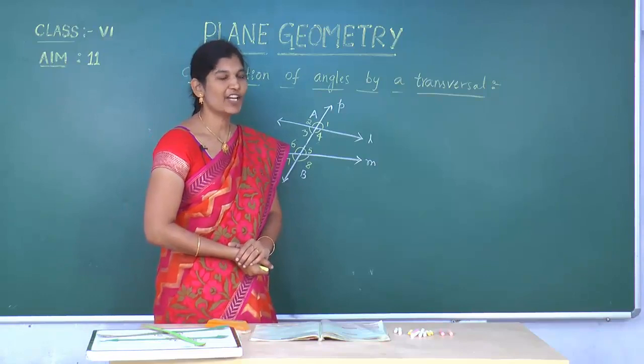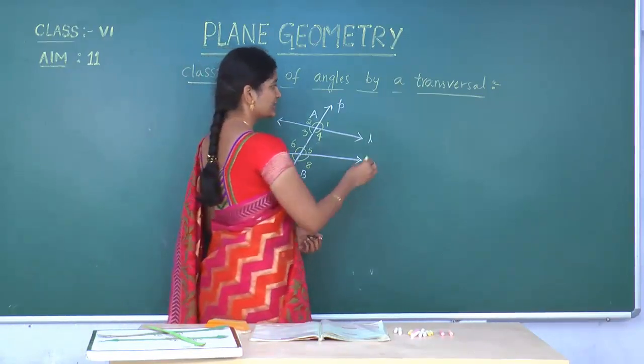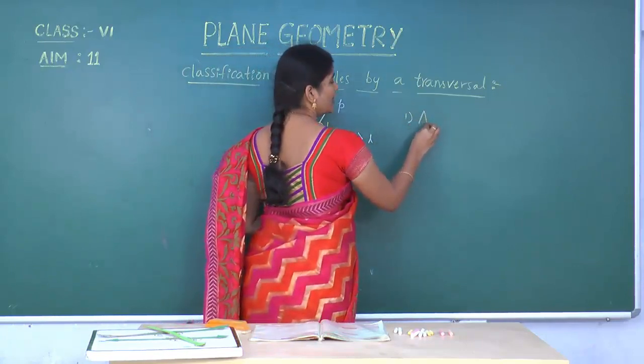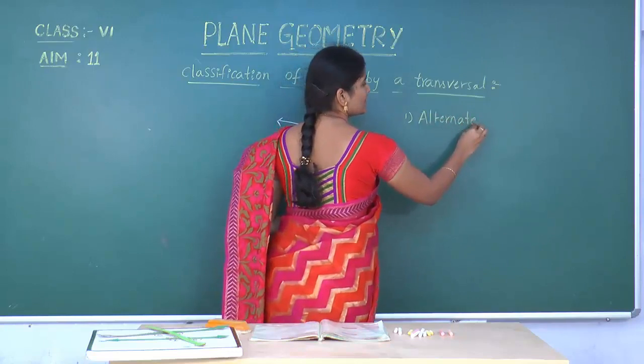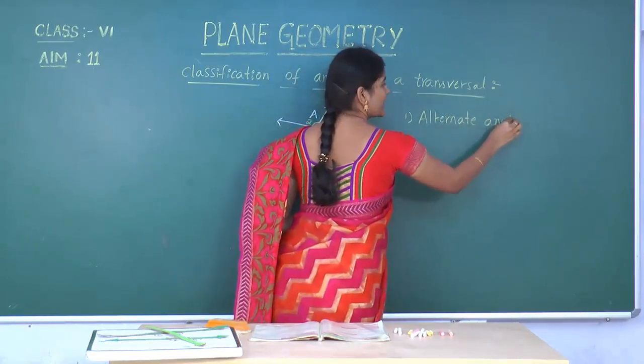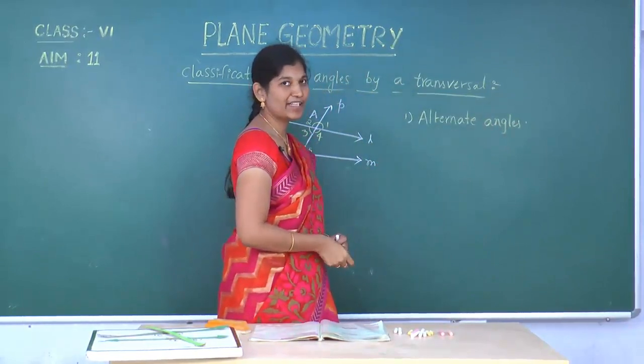This is what we are going to learn in this aim. The first one is alternate angles. In this we can also subtitle them.